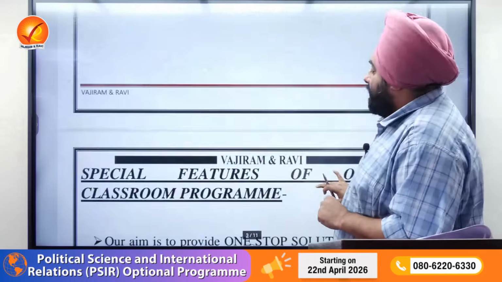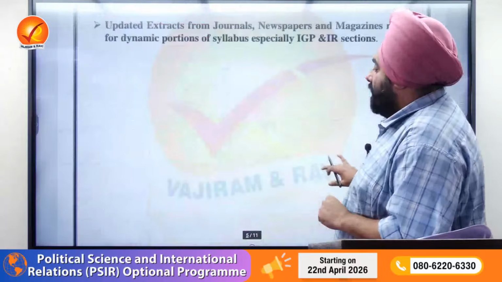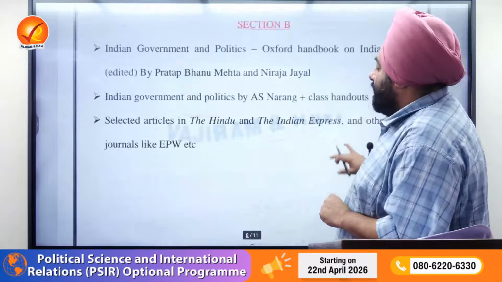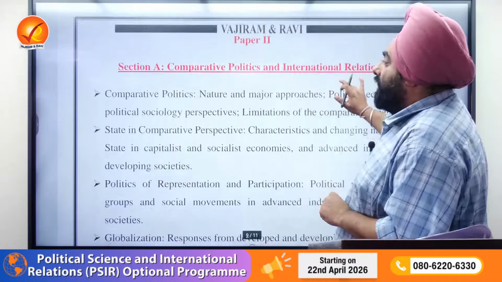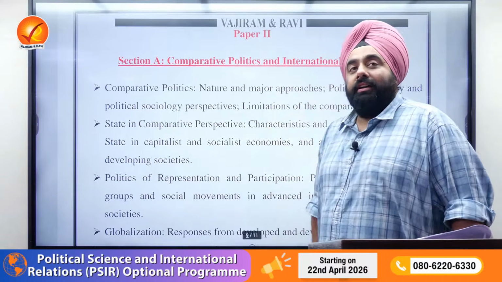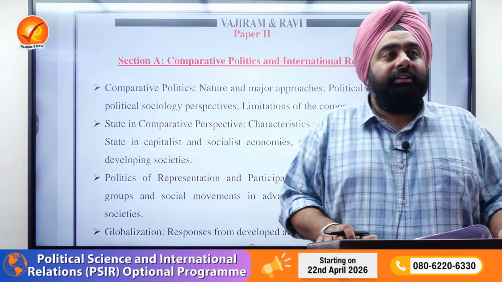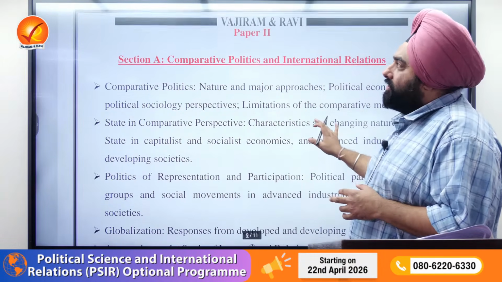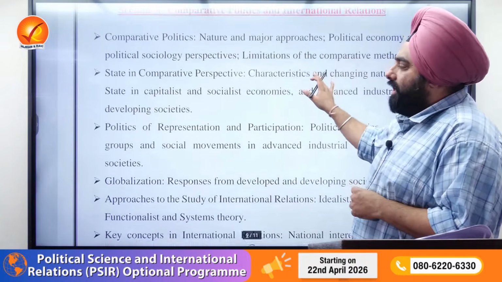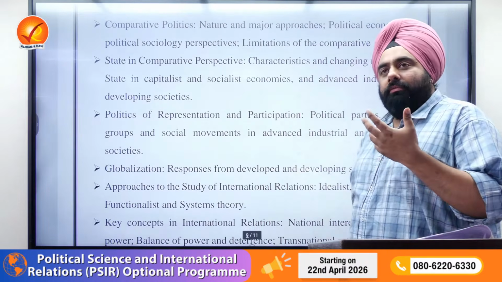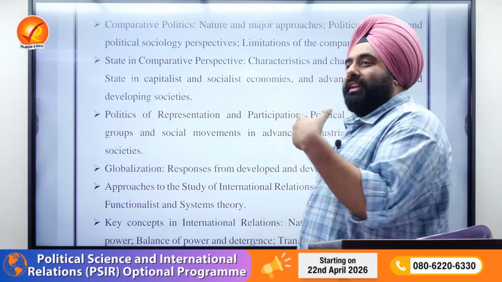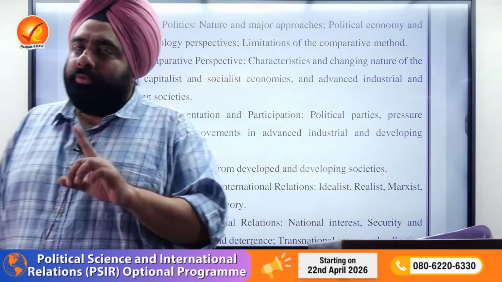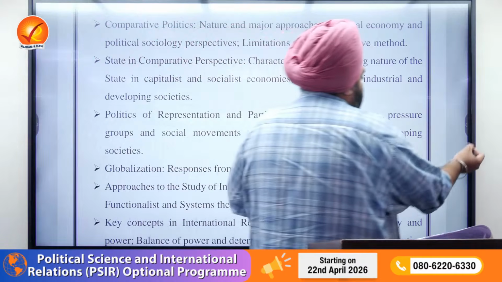It is divided into two sections, Section A and Section B. Section A is about comparative politics and international relations, that is, comparative politics and IR-related theories and the most important concepts of IR. Let me briefly tell you which topics we study.